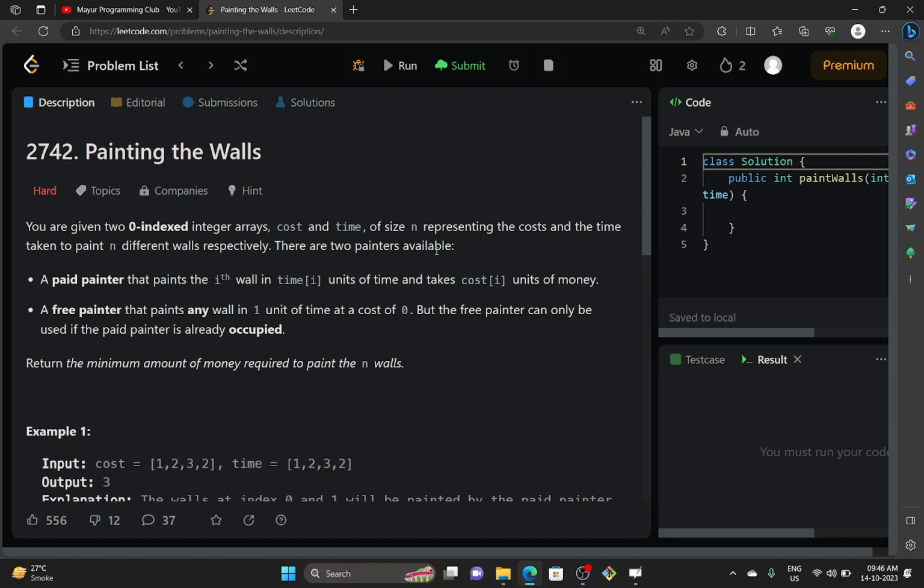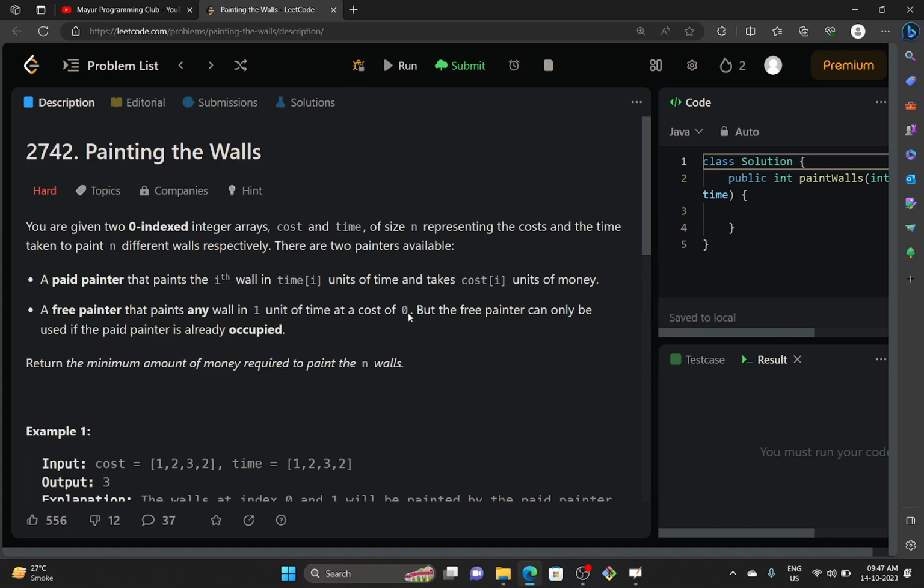There are two painters available for you. One is the paid painter, another one is the free painter. The paid painter paints the ith wall in time[i] units and takes cost[i] units of money. The free painter will paint any wall in 1 unit of time at zero cost.